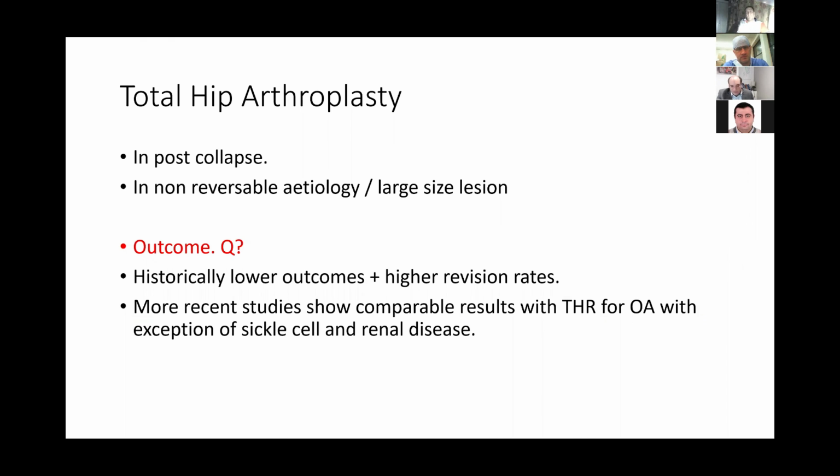I remember they were talking about using uncemented rather than cemented stems because of the AVN, but I haven't seen any evidence for that. The AVN is in the head, it's not in the stem, and it's not in the socket. So once you've removed the head, there's no logic that would say one is better than the other.